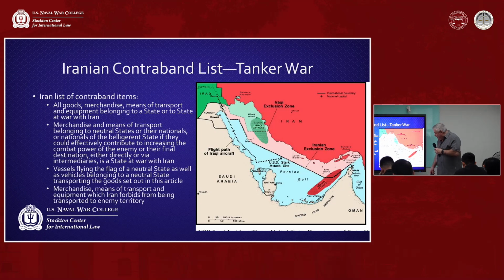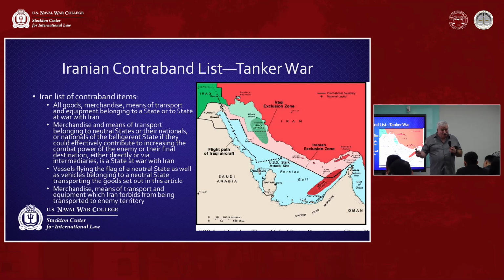So here's an example during the tanker war between Iran and Iraq during the 1980s. Here's the list of contraband items that Iran declared: all goods, merchandise, means of transport, and equipment belonging to a state at war with Iran, and merchandise and means of transport belonging to neutral states or their nationals or nationals of the belligerent state, if they could effectively contribute to increasing the combat power of the enemy or their final destination, either directly or via intermediaries in a state at war with Iran, etc. So again, very broad.